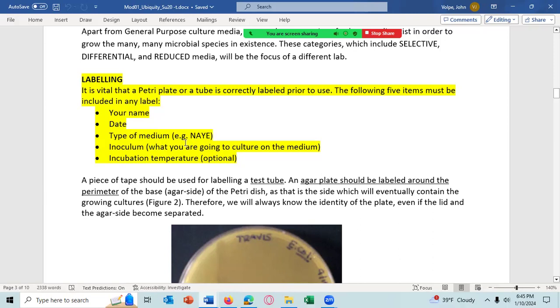Inoculum, you should talk about what's growing in the culture. Like if you're growing E. coli, you write E. coli. If it's something like a plate that's been exposed to the air, you write air exposure. And then the incubation temperature is optional. It can be written on the plate, but it's not required.